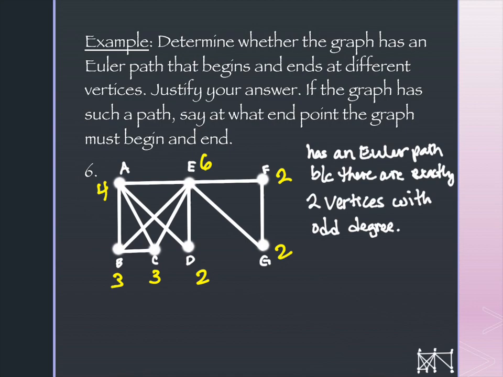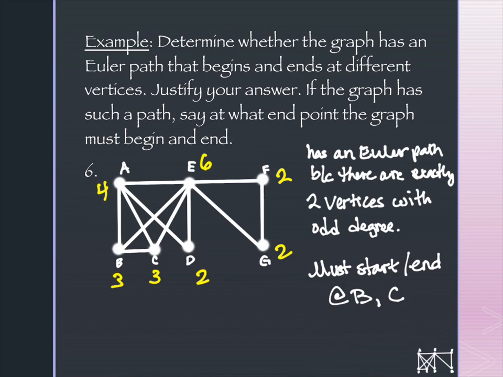Okay, so the directions themselves just simply asked, what are the ending points and the beginning points of such a path? It must start and end, it doesn't matter which is which, at B or C, right?